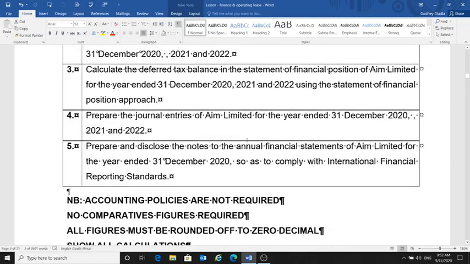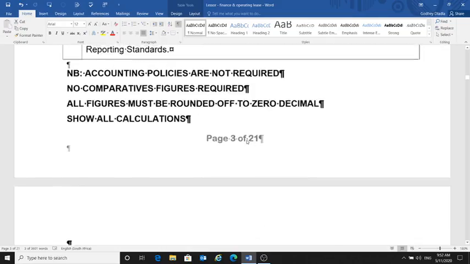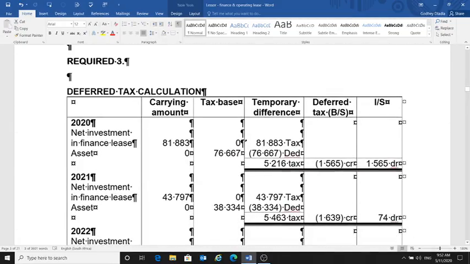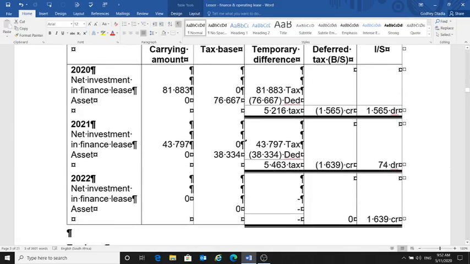What's the third requirement? Now we're calculating the deferred tax balance using the balance sheet approach method. Now, okay, number 3. Now we are here. All right, here's the balance sheet approach method. Now, this part here, we start with this one.